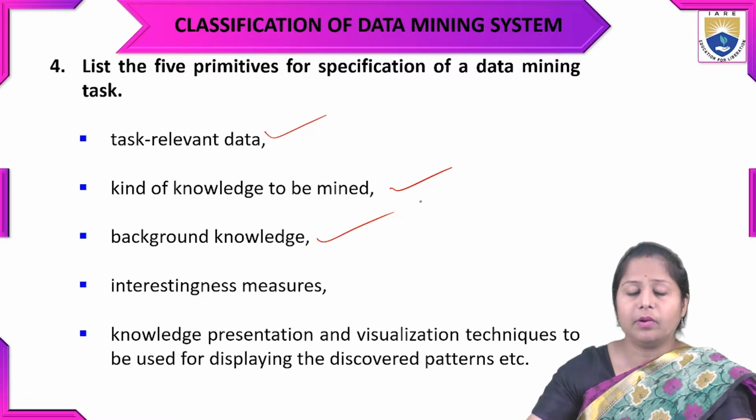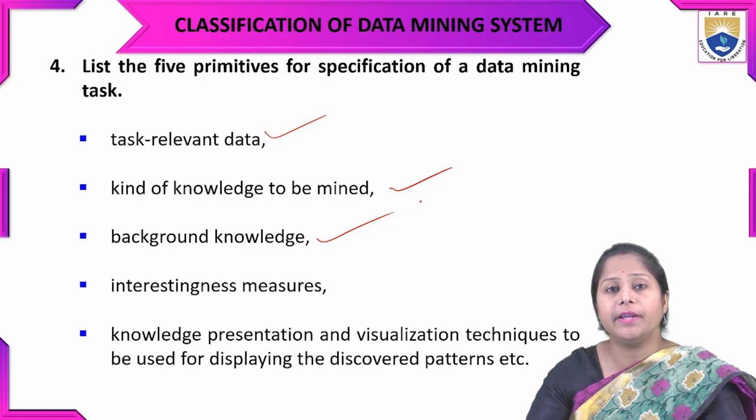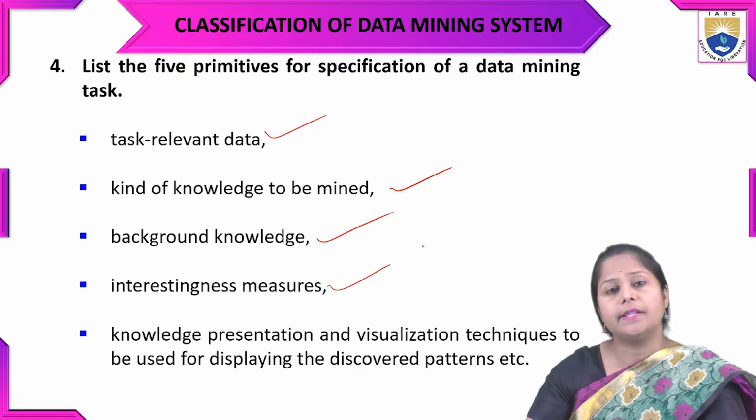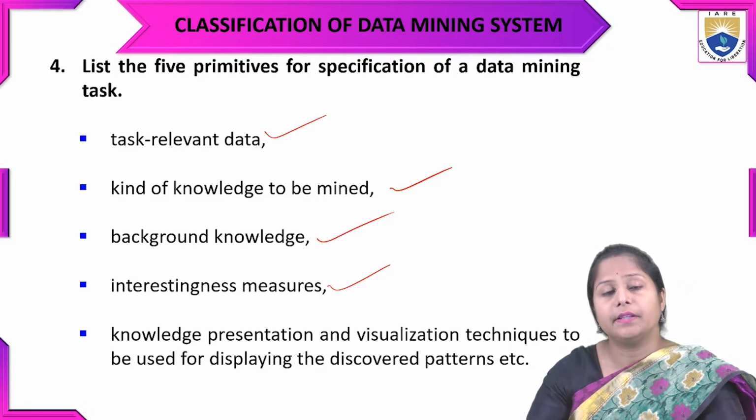Third is the background knowledge. Background knowledge is nothing but the concept hierarchy process. We can have the logical view of that particular pattern. Next is the interestingness measure. In that we have to go through the nature of the data, and then we will get the interesting patterns.